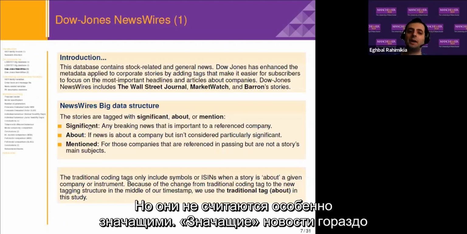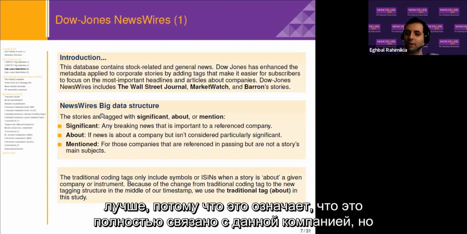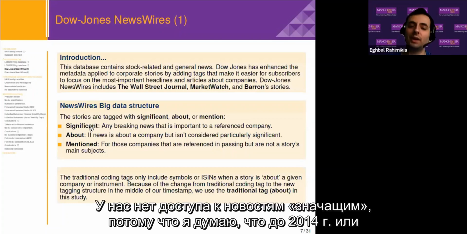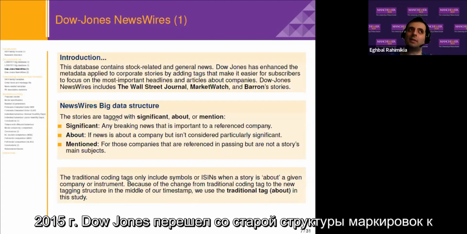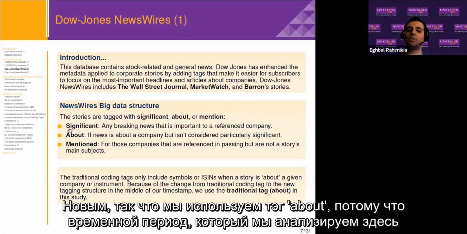The reason significant is so much better is that news is totally related to that company, but we don't have access to significant before 2014 or 15, because Dow Jones moved from an old tagging structure to the new one.